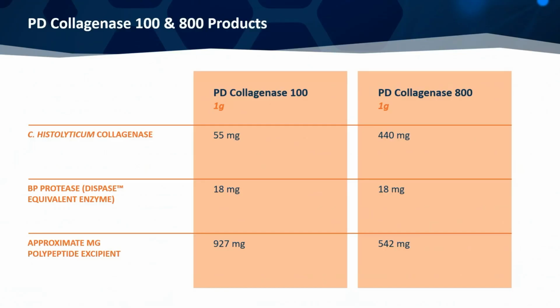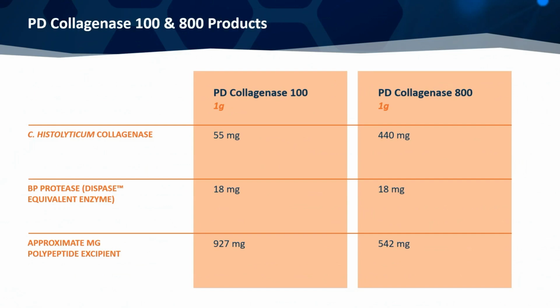We labeled them in the past, since 2015, as DE collagenases, but we simplified and shortened the product line and relabeled them as purified defined collagenase, because we showed that these are extremely pure proteins.